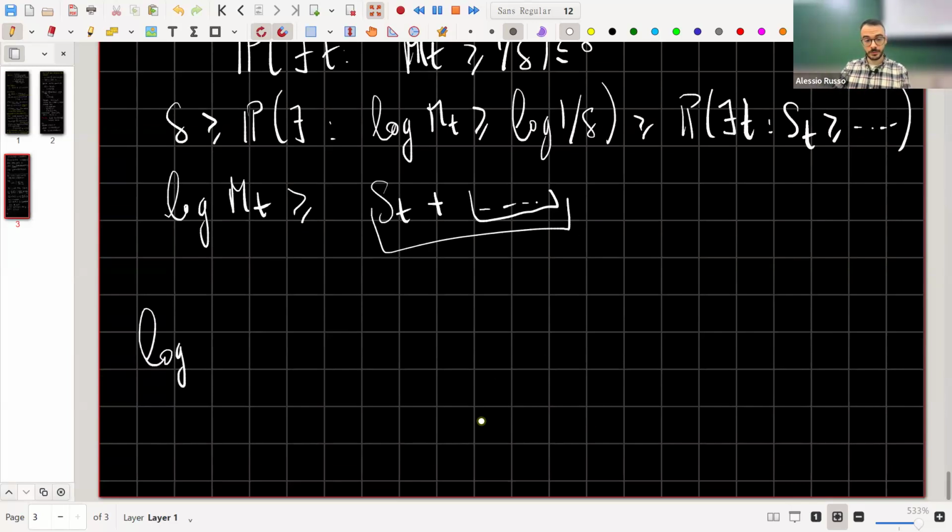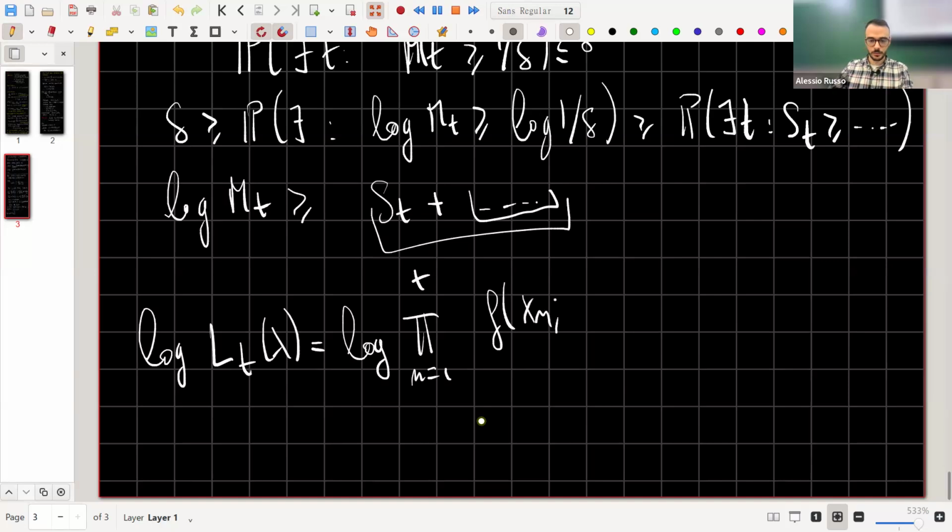Okay. I'm going to start by writing first what is the logarithm of LT. So with that, we can simplify it. This is the log of the product from 1 to t of the ratio of the densities.